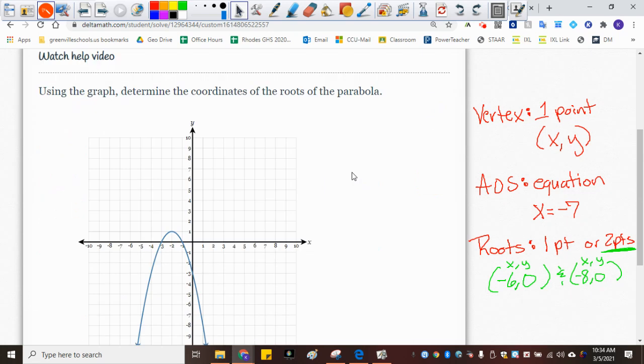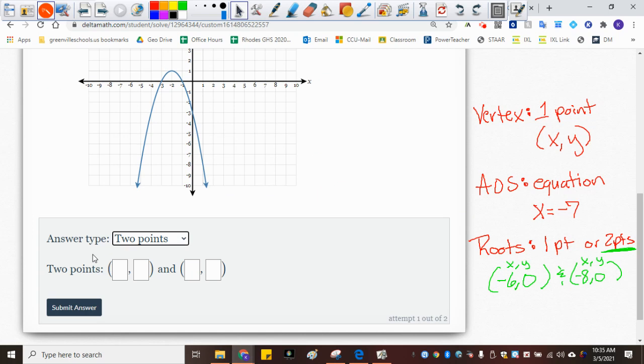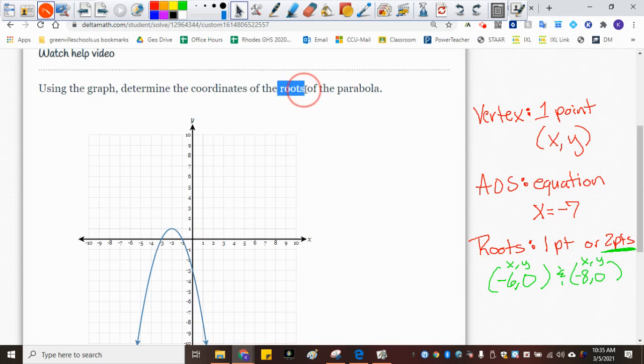Here's the roots. So this one asks for the roots, and it crosses twice. It crosses once here and once here. And it's -3, 0, -1, 0. This one asks for the roots, the coordinates.